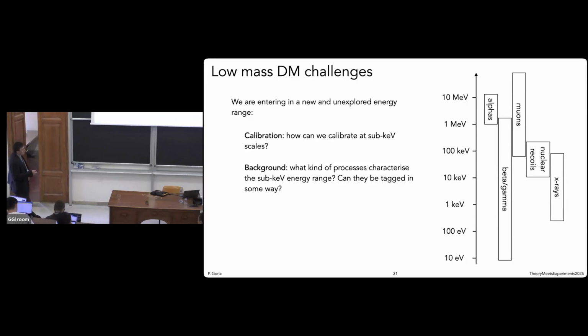Nuclear recoil, so the recoil of the nucleus that is emitting the alpha, for example. If you have a detector that is in vacuum, your nuclear recoil goes inside the detector, and your alpha particle escapes and goes away if the decay is on the surface and the detector is in vacuum. This is typical of cryogenic detectors.